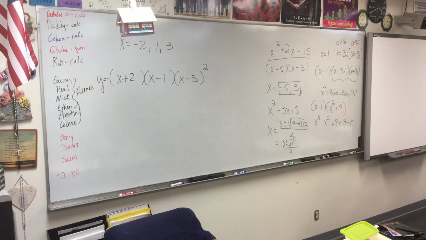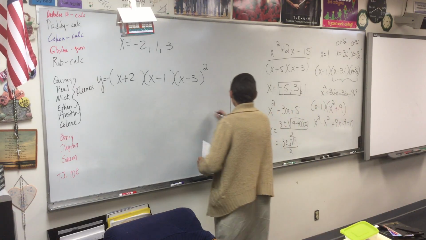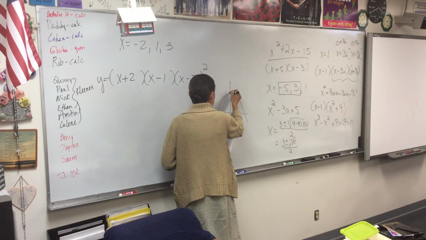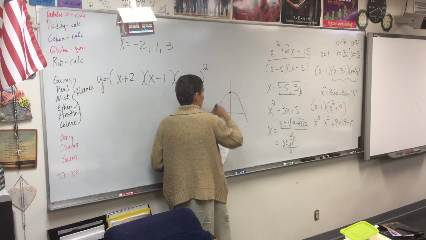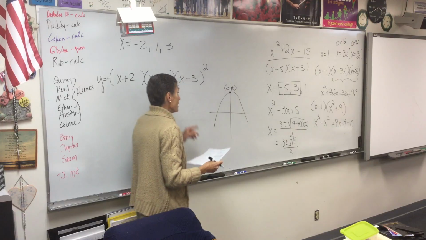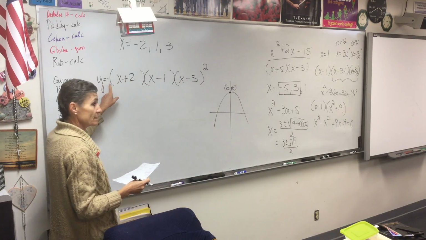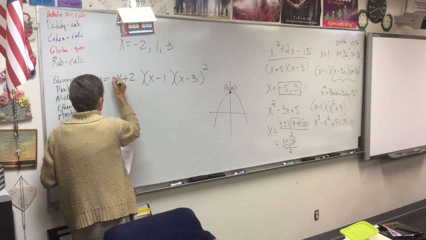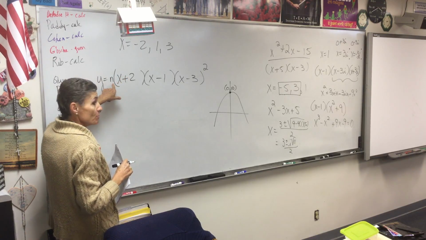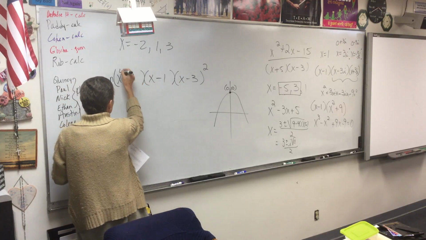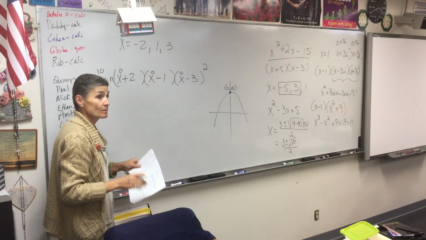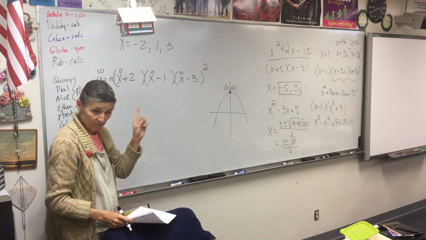Now, had I said on the graph, okay, this point right up here on the y-axis is the point (0, 10), now you would be able to figure out n, because you put in 0 for all of the x's and 10 for y, just like you did with your parabolas to find that coefficient.